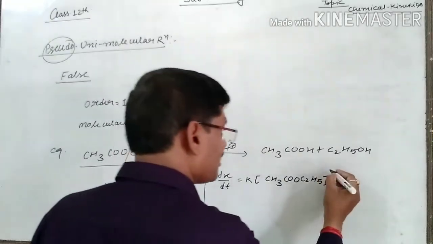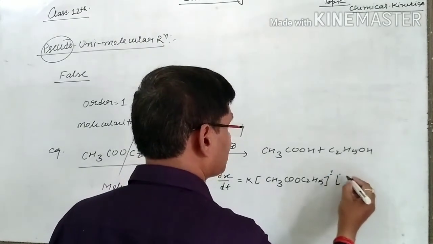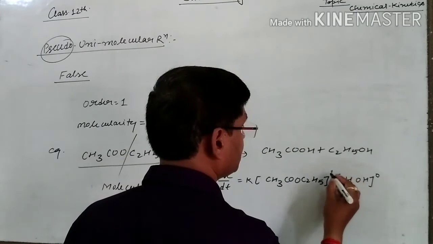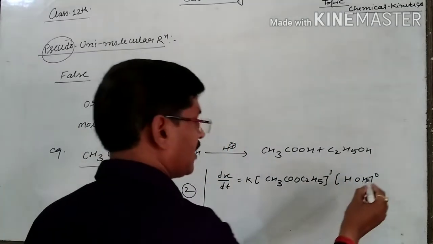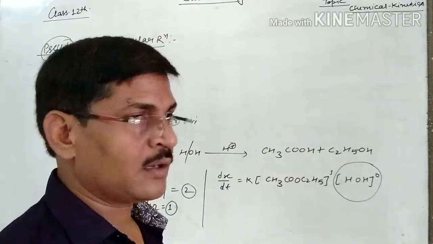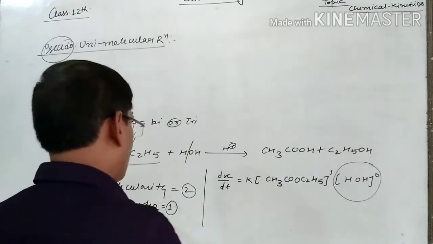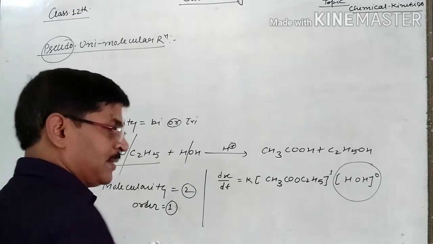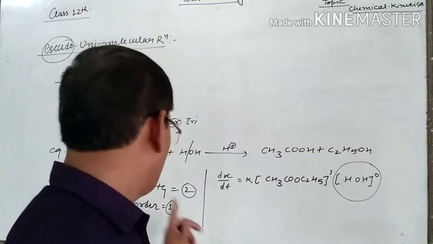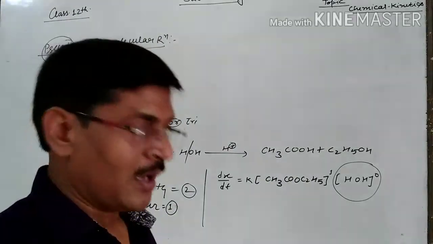Here I can also mention concentration of water to the power 0. It means that the concentration of water does not affect the rate of the reaction. So order will be 1, while the participating molecules in the balanced chemical equation are 2. So molecularity is 2.